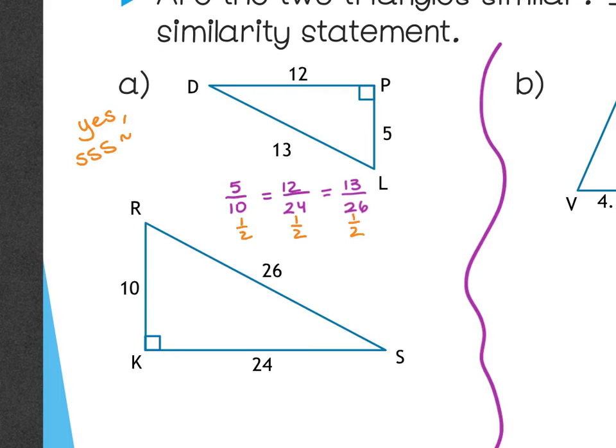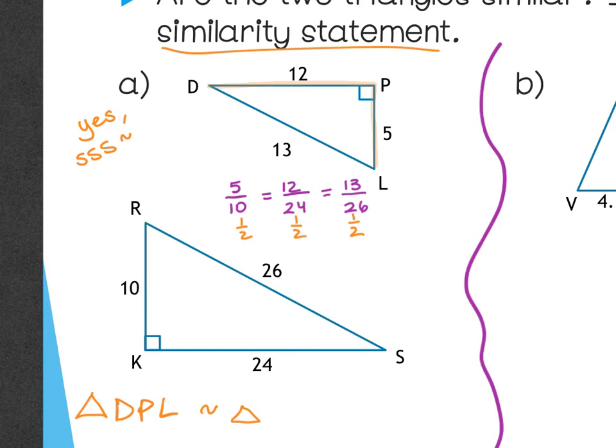And my similarity statement is that triangle, and it doesn't matter which one I pick first, but if I pick, let's say, DPL is similar to, now the order of what follows matters. So DP is the middle length side, and then I went D to P, and then P to L, that's the smallest side.